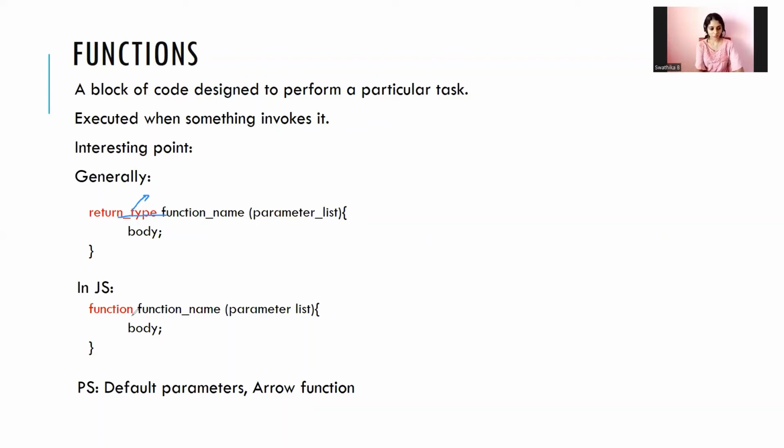What do you want me to give here, let, var, const? No, right? So you just tell it this is a function, using the keyword function. Then you give the function name, the parameter list, and the body. It's the same as before, right? The postscript is default parameters and arrow functions.